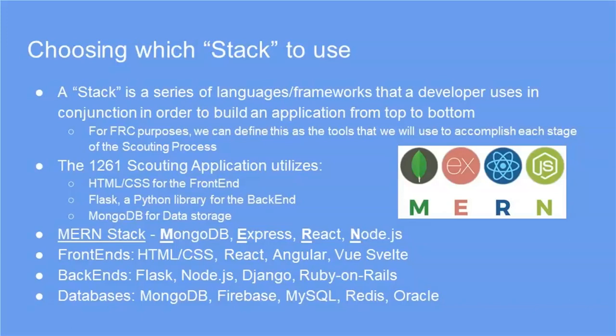So this stands for MongoDB, Express, React, and Node.js. And so these are 4 frameworks or tools that go really well together, and there's plenty of tutorials online for that specific stack. So mastering this one will also probably get you plenty of job offers down the road because it's an incredibly strong way of building web applications.